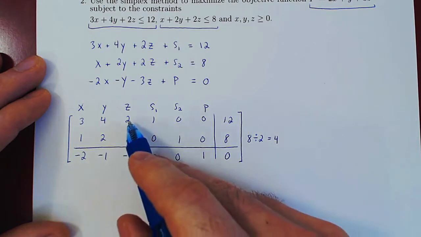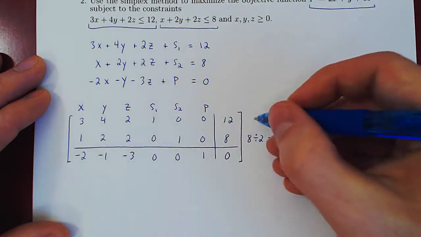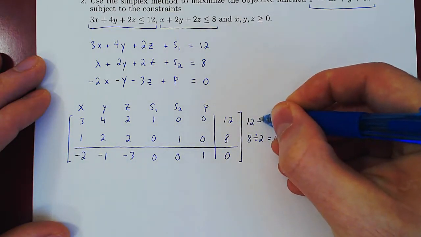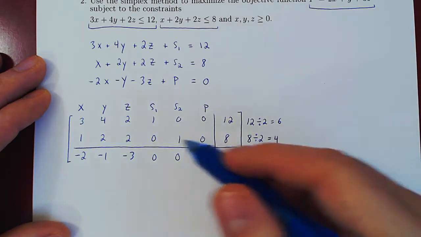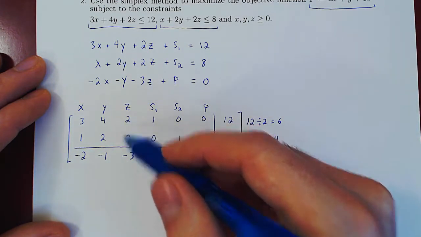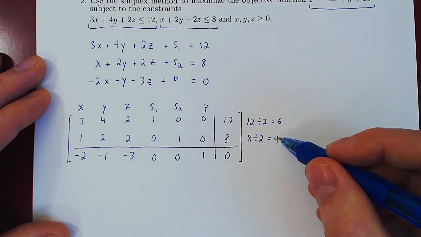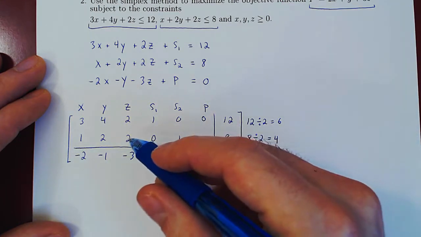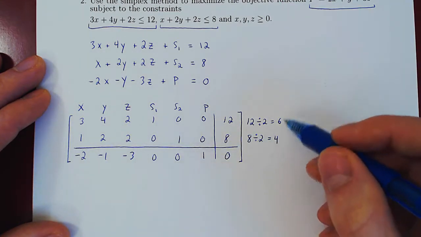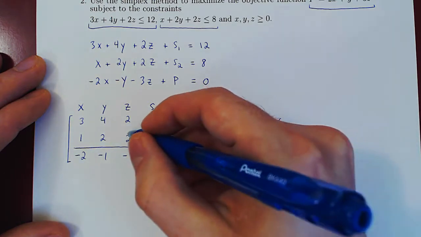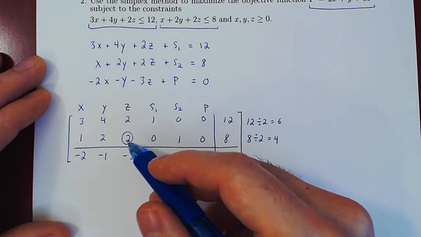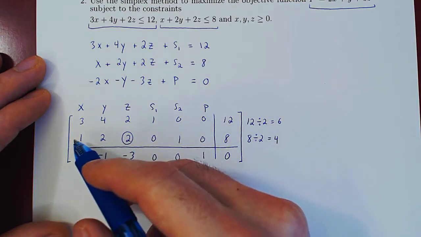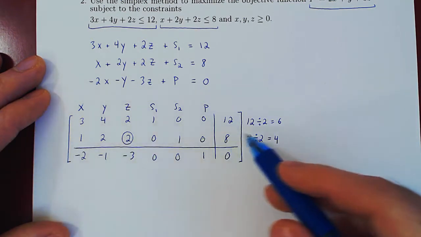For the other entry, 12 divided by 2, which gives us 6. And if you remember, we choose the positive entry that yields the smallest ratio of the constant term over the corresponding entry. As 4 is less than 6, we choose the entry 2, and we now have to transform 2 into a pivoting 1 by obviously multiplying row 2 by 1 over 2.